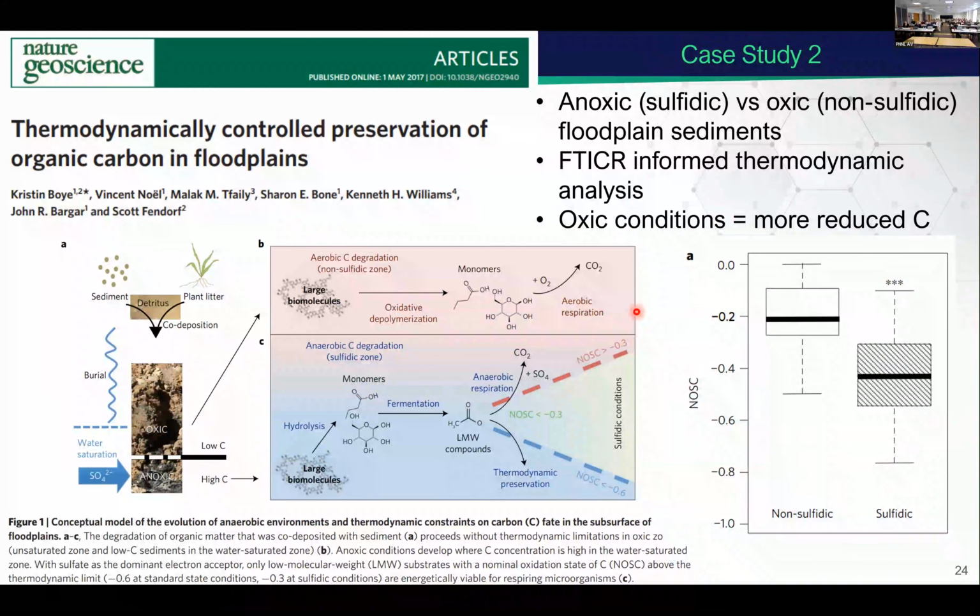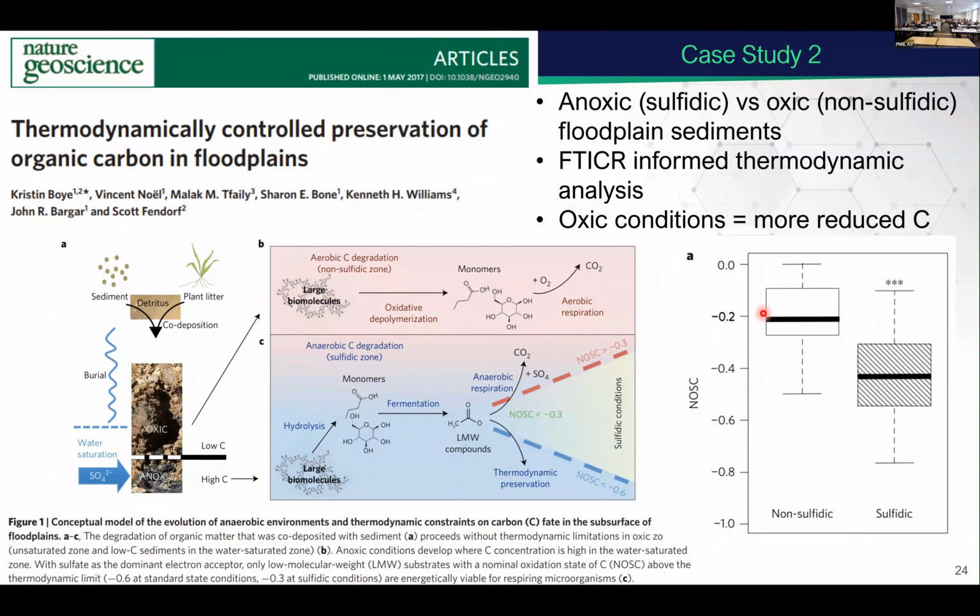And then another example, which was looking at floodplains. And again, these thermodynamic inferences that can be made. And so here you're thinking about large biomolecules like lignin, cellulose that are in a soil core. But if the molecules and the microbes and everything that's going on are in oxic environments or anoxic environments, how does that change the nature of the carbon after time?